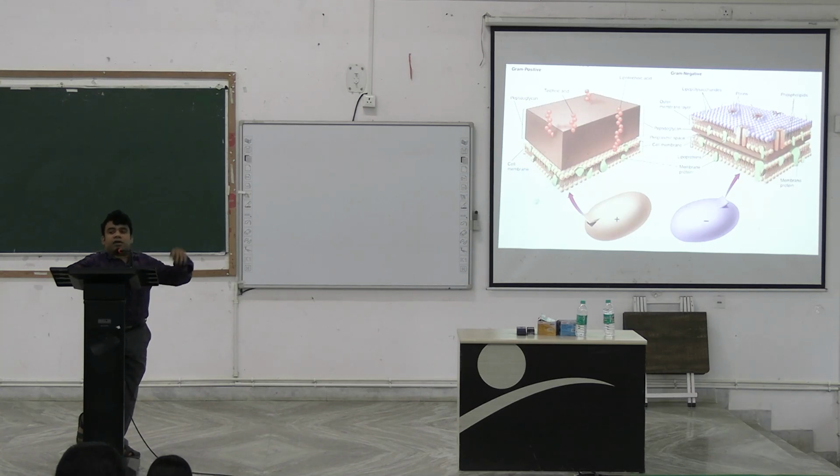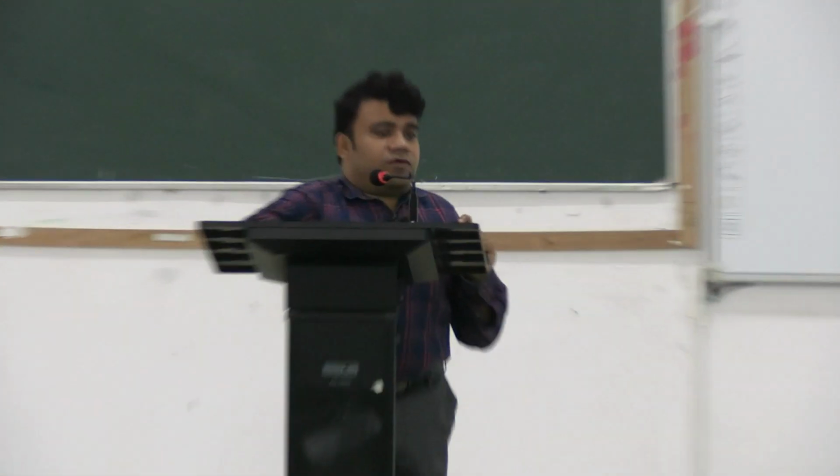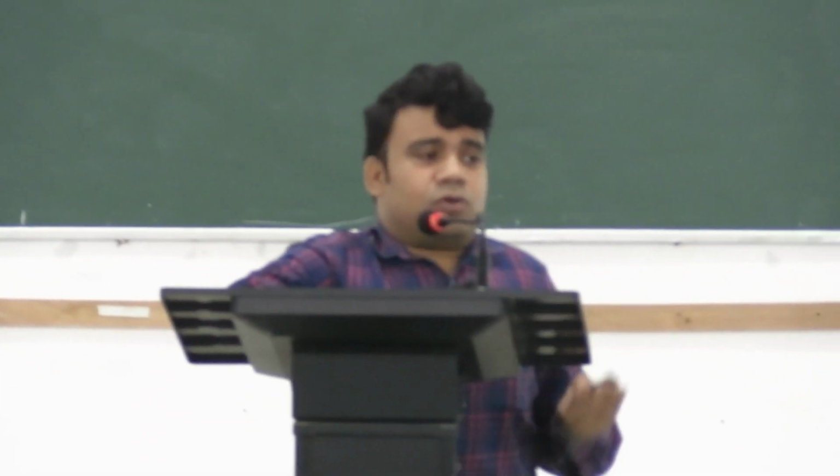If I go on decolorizing with alcohol, at one point of time even the gram-positive peptidoglycan layer will also be broken. So then even the gram-positive bacteria will take up the counter stain and appear as gram-negative. Similarly, if I use alcohol for a very few seconds or don't decolorize at all, the gram-negative bacteria will also appear as gram-positive.